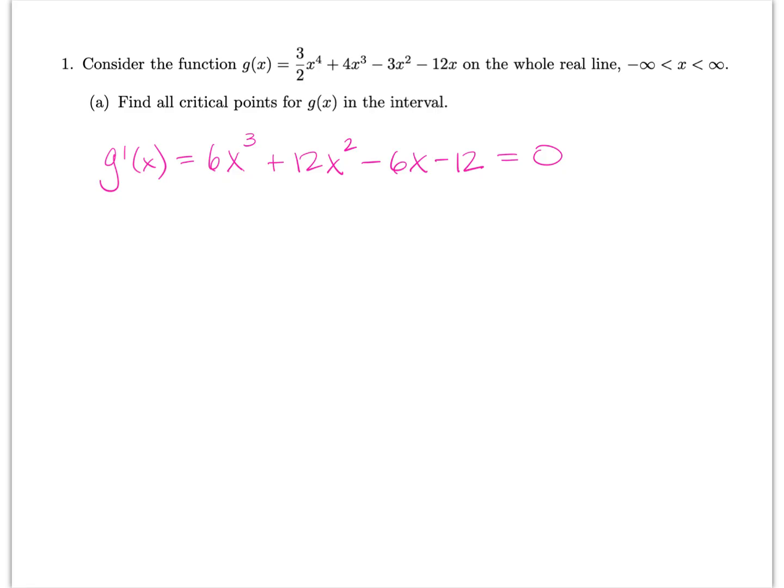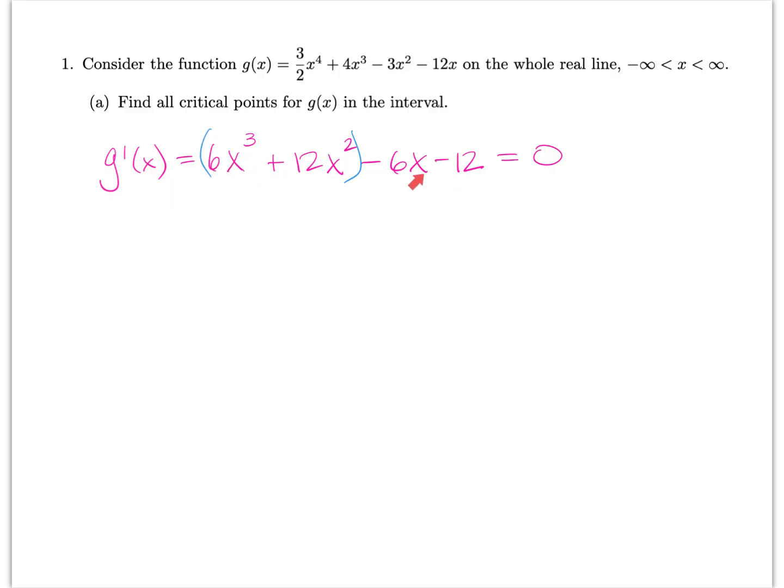And we have another situation where we're going to have to factor by grouping. I'm going to put parentheses here, group those together. And I recognize I want to group those because I can pull out a 6x squared from both of them.